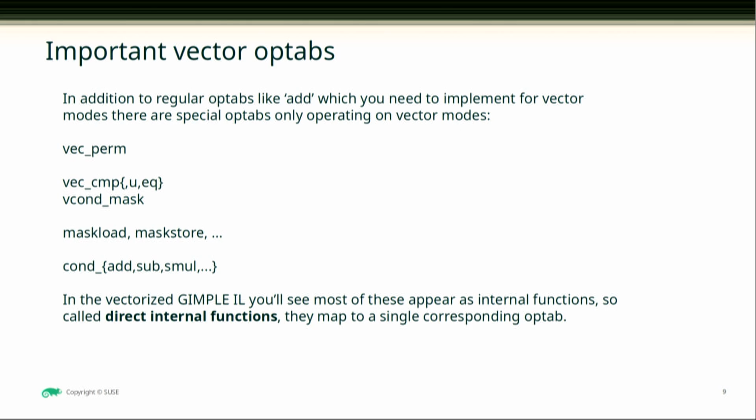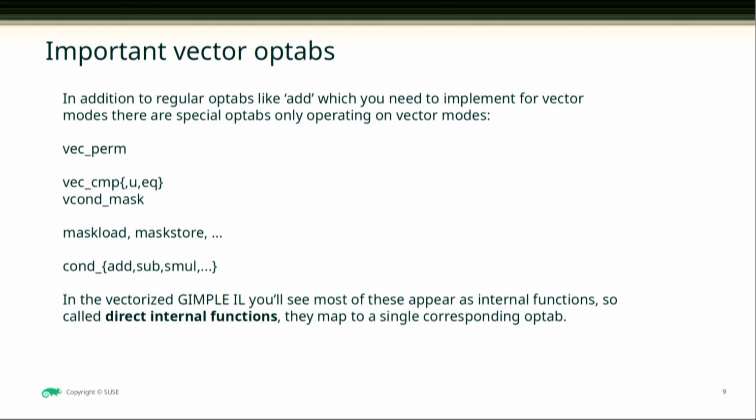Then we have lots of optabs for loads and stores. So these are just two examples. Is the mask load and the mask store optab, which also receive a mask as one argument and the usual location of the load or the store and the data to store as operands. There are more variants of these.